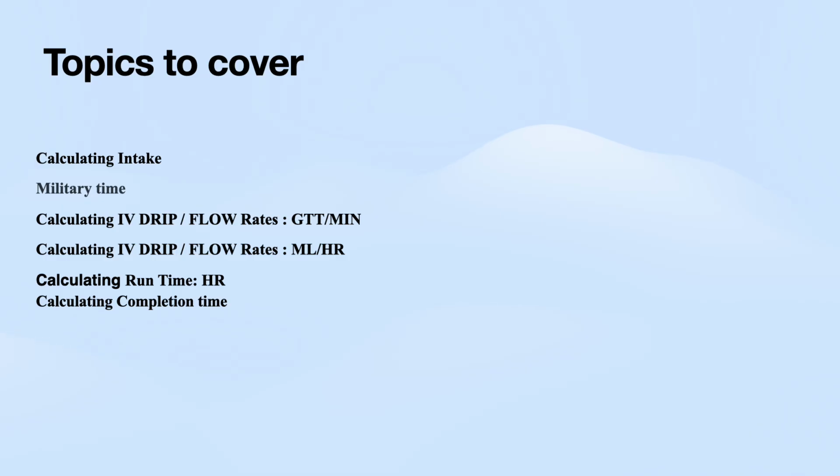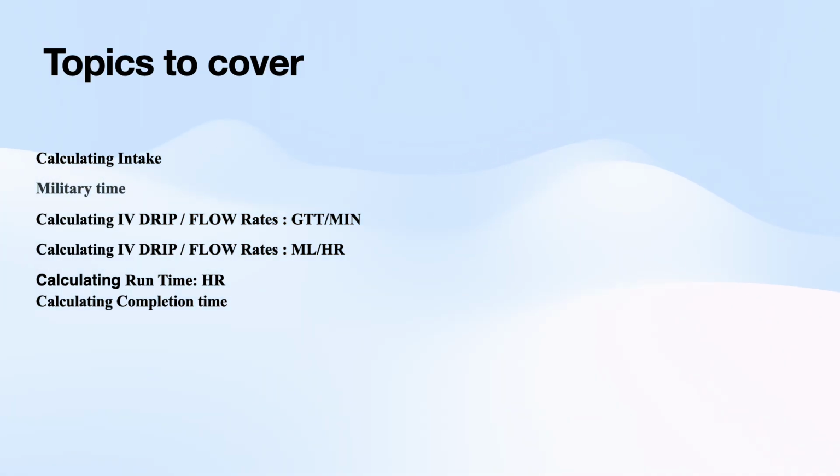Okay, so in this part two, these are the topics we are going to cover: calculating intake, military time, calculating IV drip rates, also known as flow rates. There are two kinds. We have either drops per minute or we have to find milliliters per hour.